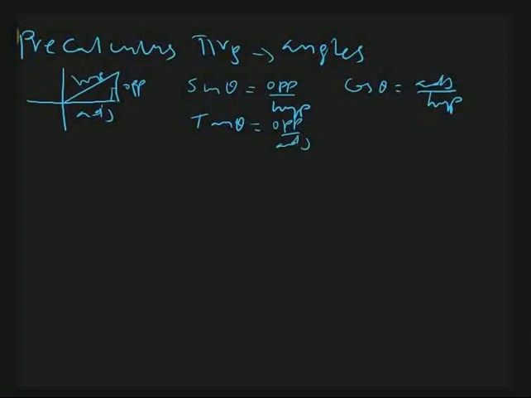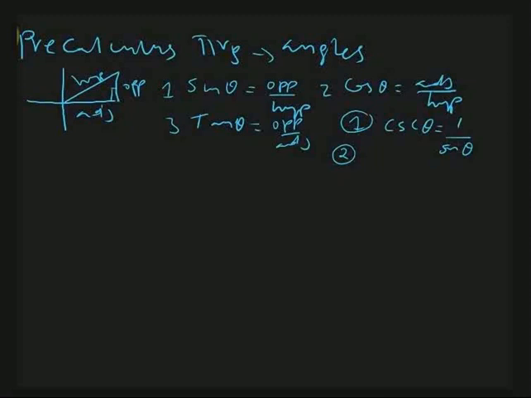There are also reciprocals of sine, cosine, and tangent. These three each have a reciprocal. Let's say the sine reciprocal is cosecant, 1 over sine.